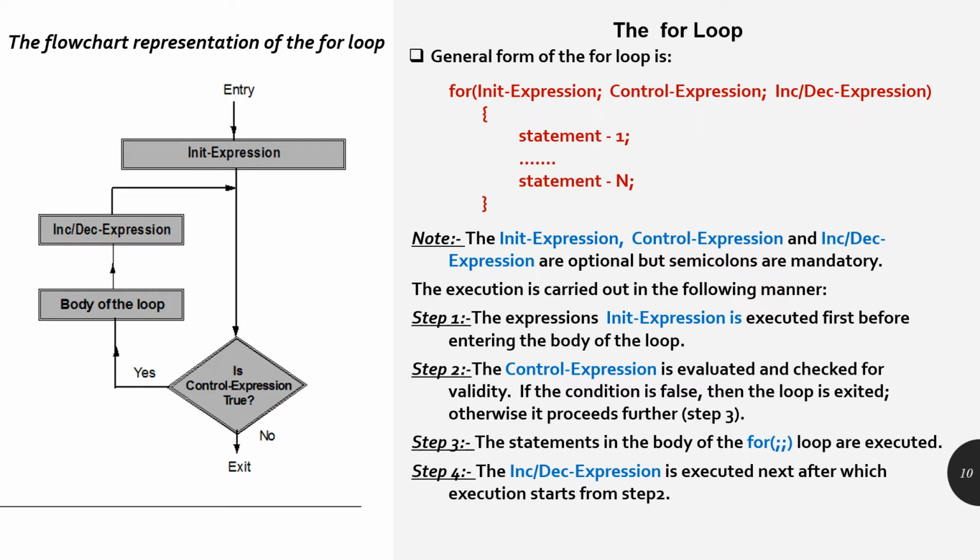Then again it will check the condition whether it is true or not. If it is true, again it will enter into the body of the loop, increment or decrement will happen, then again it will check. So it keeps on executing like that until the expression becomes false. If the expression is false, it will come out of the loop. So again, the important thing is that there should be a provision to come out, meaning the expression should evaluate to a false condition.